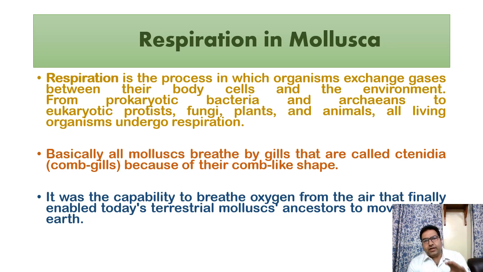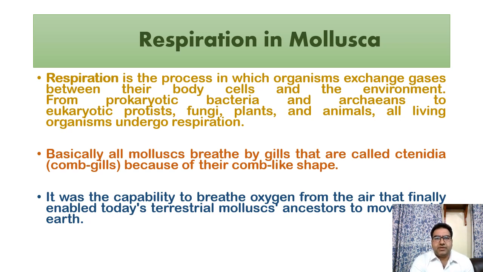Now, it was the Ctenidia which was the primary organ of respiration. But later on, with evolution, these terrestrial organisms evolved and had the capability to breathe on land as well. That is, they took up the oxygen from the atmosphere.